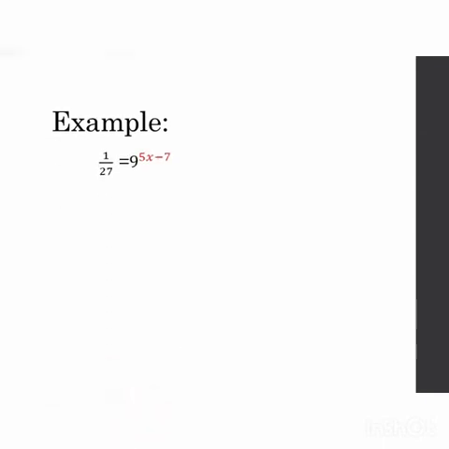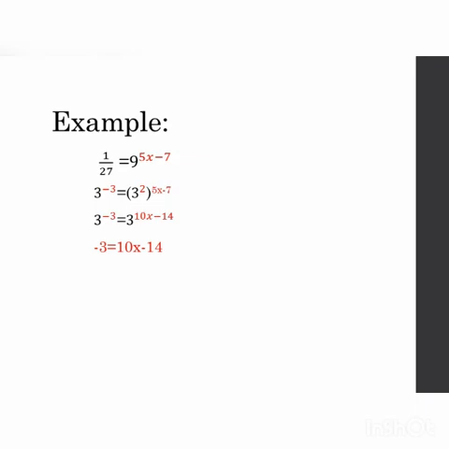Another example is 1 over 27 is equal to 9 raised to 5x minus 7. We will change the fraction into an exponential expression. 3 raised to negative 3 is equal to, in parentheses, 3 squared raised to 5x minus 7. 3 raised to negative 3 is equal to 3 raised to 10x minus 14.